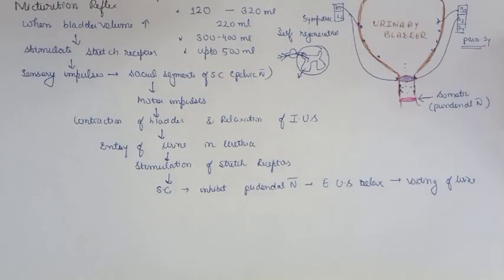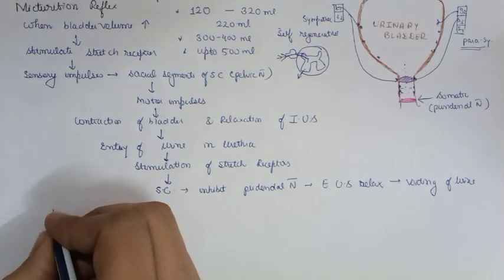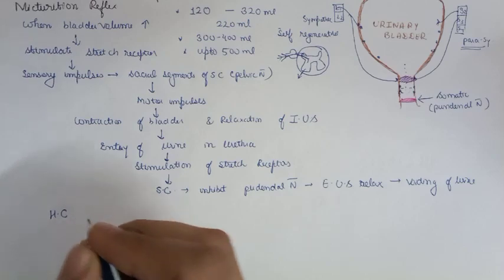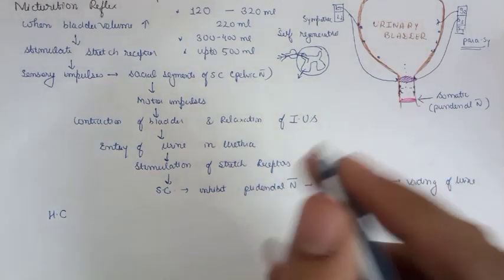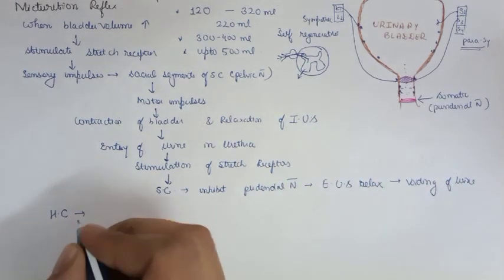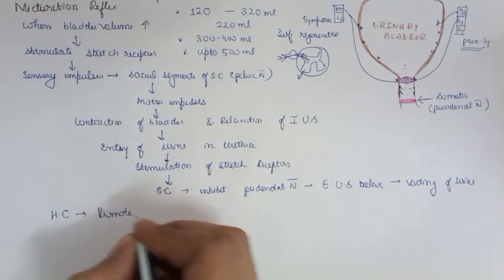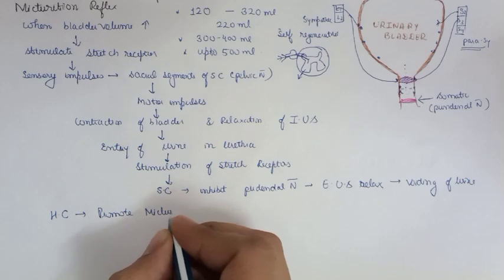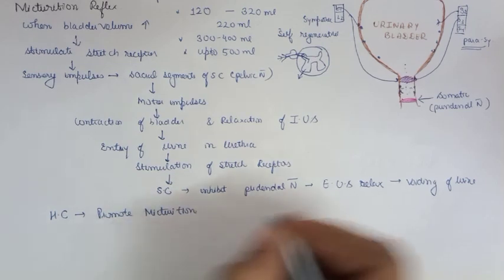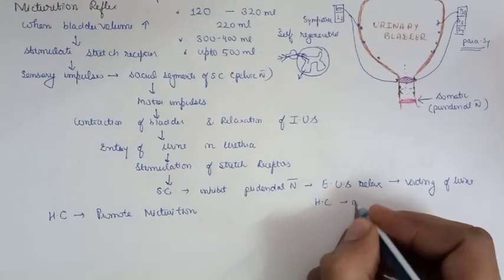As I told you, the micturition reflex is also controlled by some higher centers. Higher centers can both promote and inhibit the micturition process. So let's first discuss the higher centers which promote micturition, and then the higher centers which inhibit the micturition process.